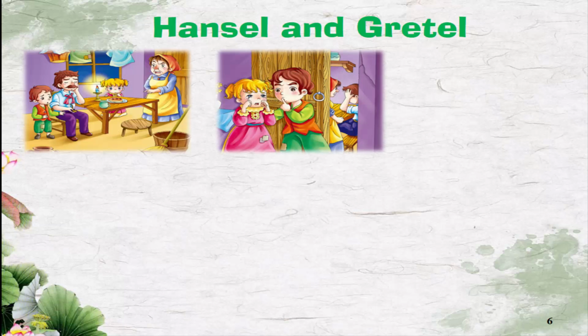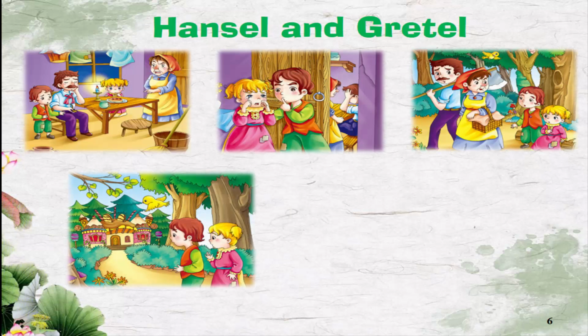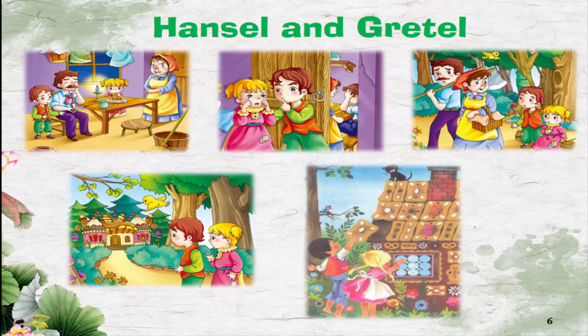In today's lesson, we are going to study a story. Its title is Hansel and Gretel. So I have some pictures. You can look at these pictures first to get some ideas about who is in the story and what is going to happen in this story.